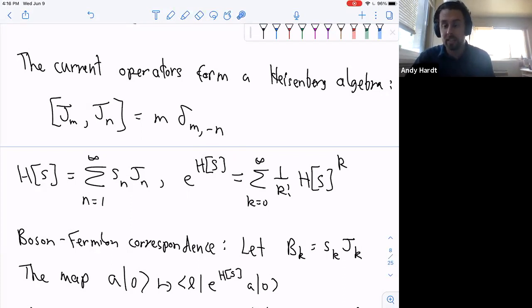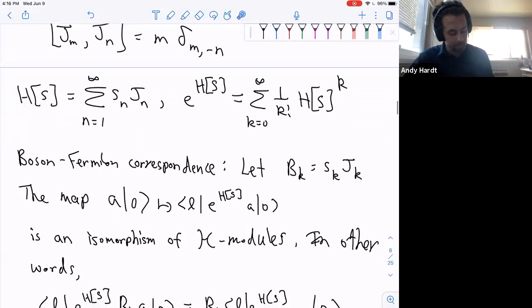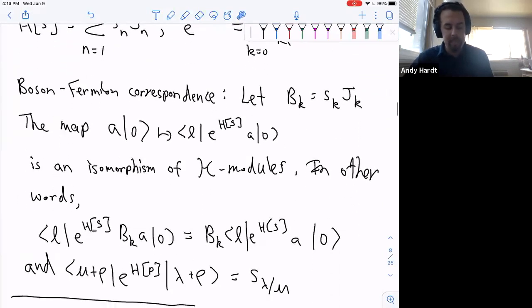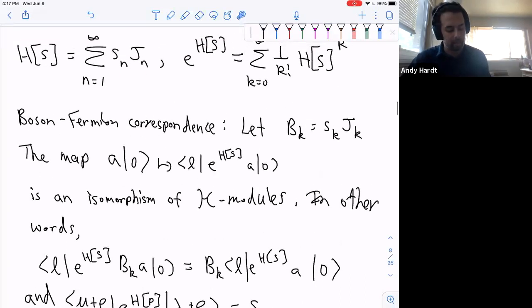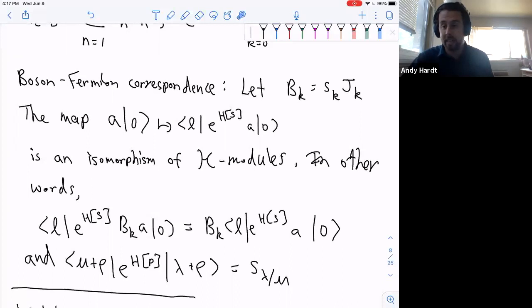Given all of this, the thing that makes it all work is called the boson-fermion correspondence. What we do, these B_k's that we're acting on the bosonic Fock space are just this scaling of these current operators, these J_k's. They're the things that we put inside the Hamiltonian. And we get an isomorphism of H modules. In other words, if we want to act by the B_k in here, or we want to act by the B_k out of here, it's the same thing.